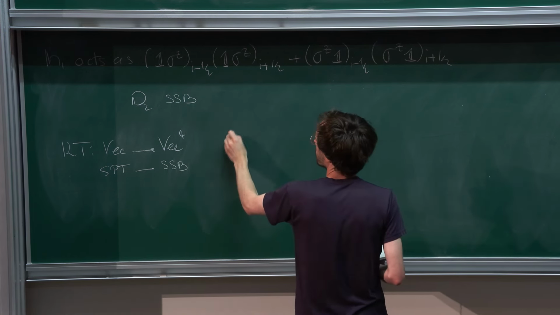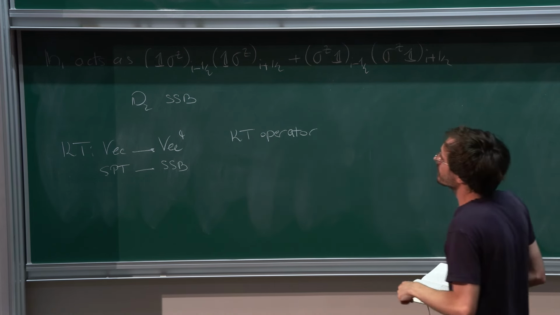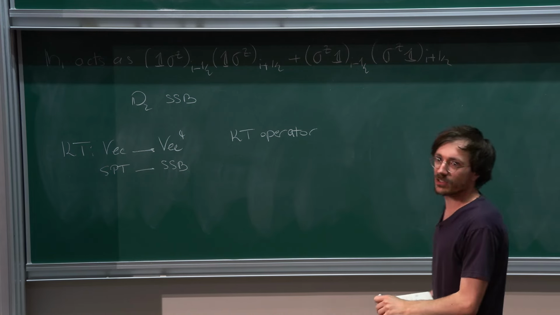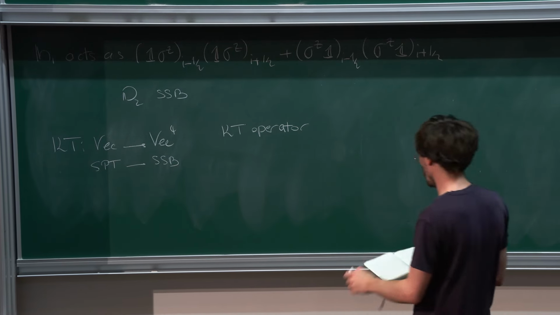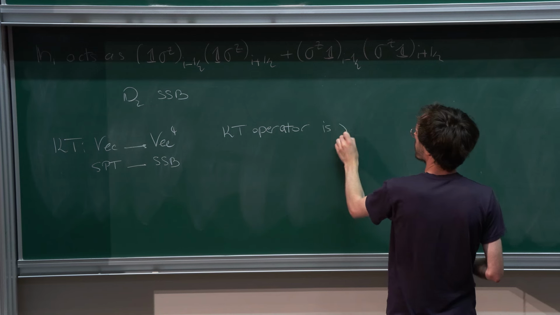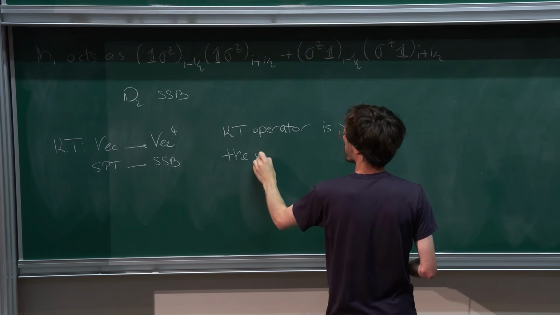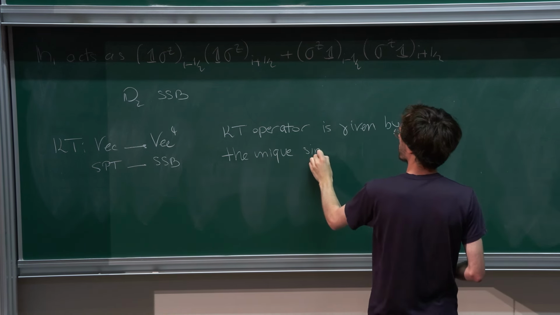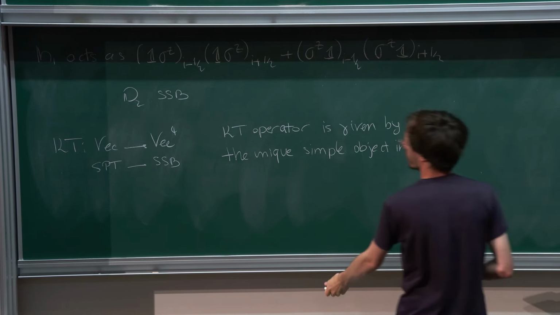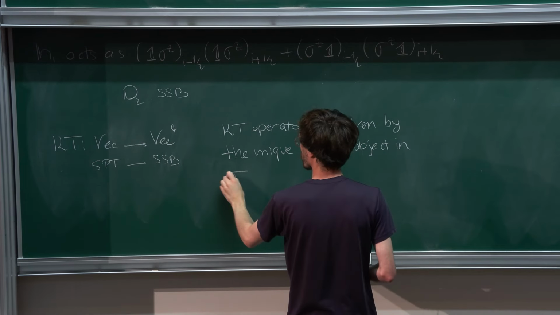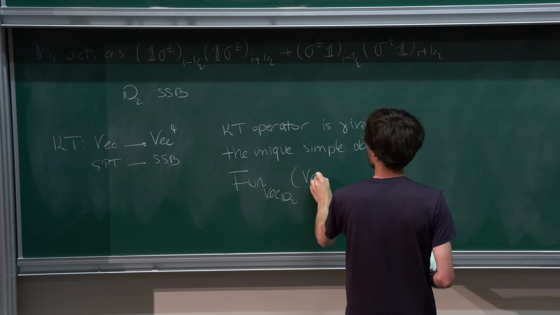And the corresponding KT operator, as I mentioned before when we were talking about interfaces, is literally going to be a map between the corresponding module categories. So the KT operator is given by, in that case, the unique simple object in the category of functors from Vec to Vec psi.